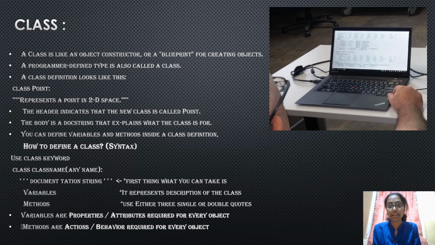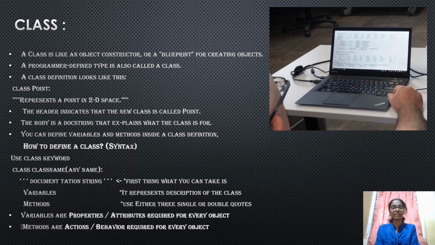It's written in triple apostrophes. Represents a point in 2D space. Here, the header indicates that the new class is called Point. The body is a docstring that explains what the class is for. You can define variables and methods inside a class definition.